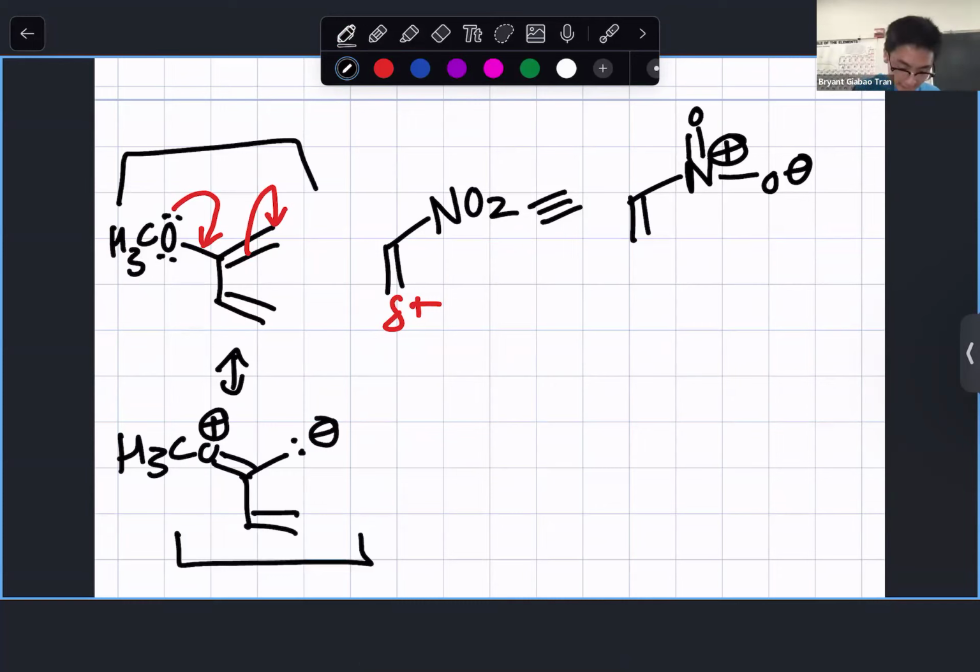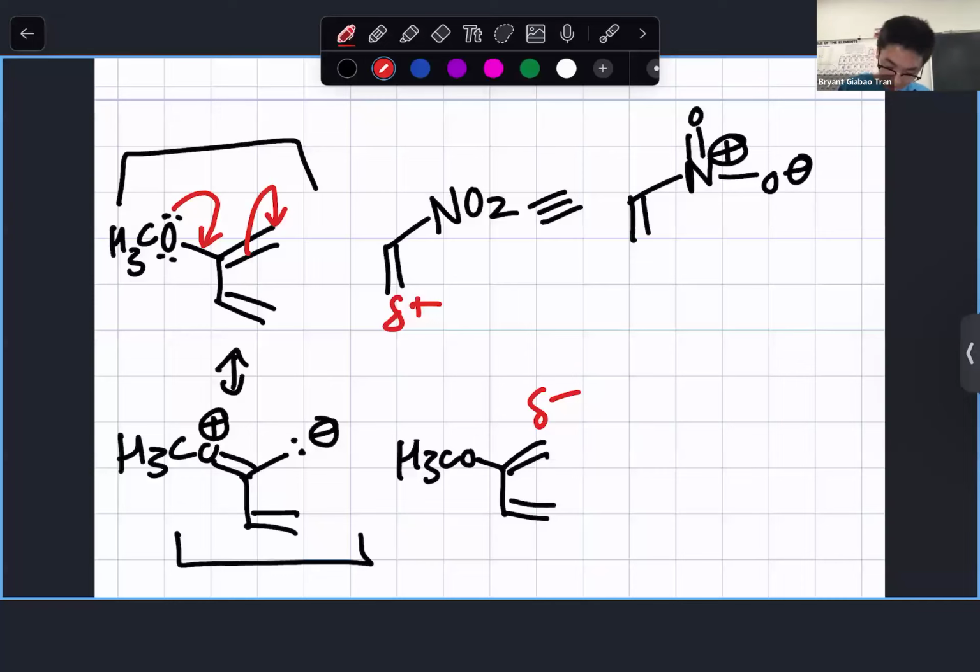There's going to be a partial negative charge on this carbon right here, because when we did its resonance structure, we see a full negative charge on that carbon. This is the original structure that I had in the problem. We know there's a partial negative charge here on that carbon because of this resonance structure here. Right.